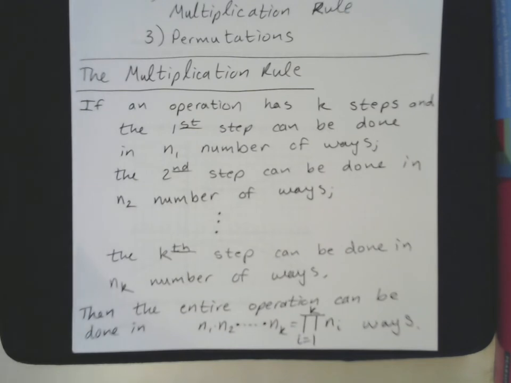So in other words, if you have a multi-step process and each step has a different number of ways that you can do it, to figure out the total possible number of ways you can do the entire operation, you multiply every single step's number of ways. This is the multiplication rule. And this is the basis for permutations, combinations, and factorials. It's also something that we do all the time.